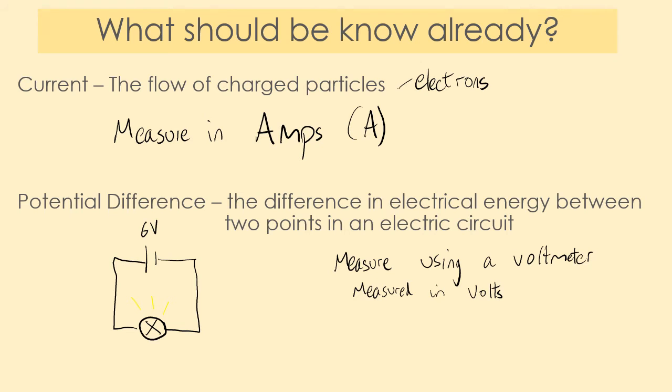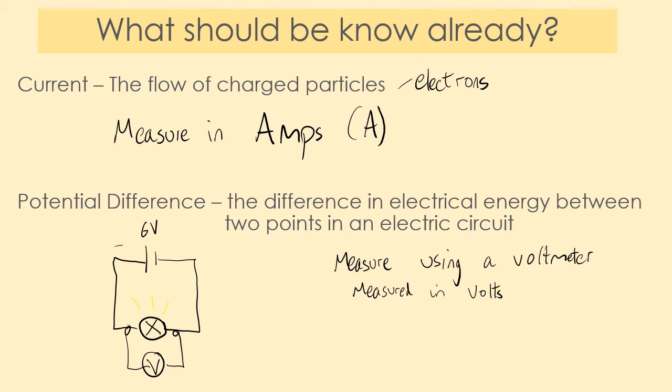My potential difference will be different around the circuit. And it will lose that potential difference, that we'll get to see that potential difference happening across a component. So we'll measure my potential difference across my circuit, with the symbol for a voltmeter there.